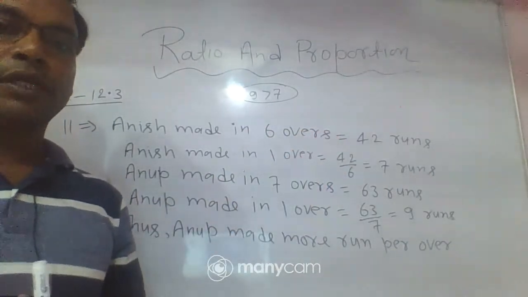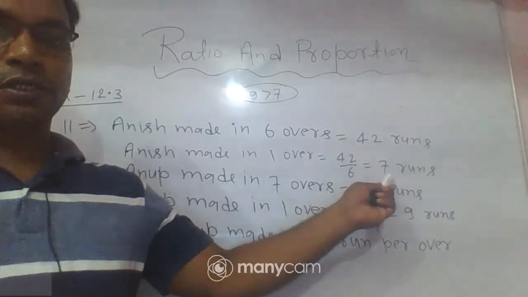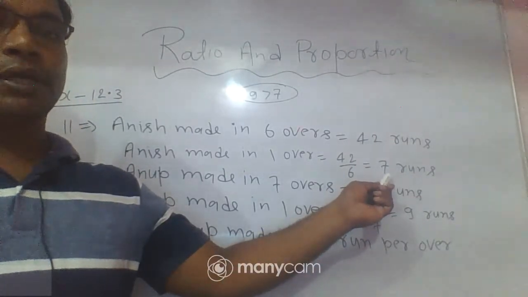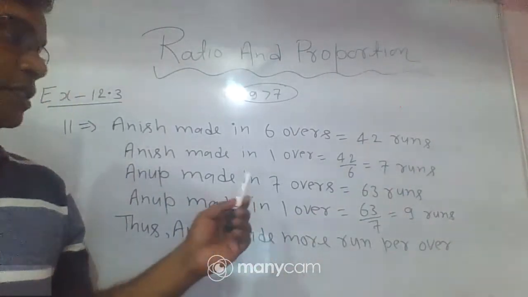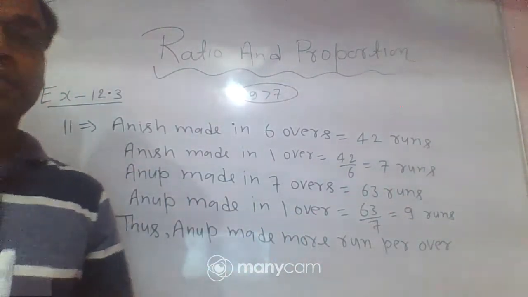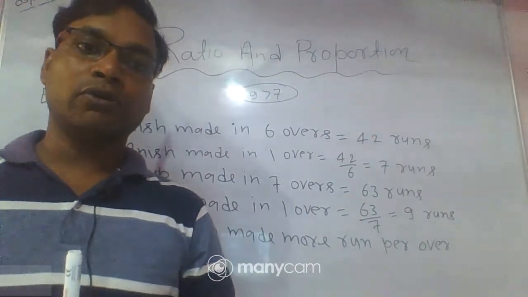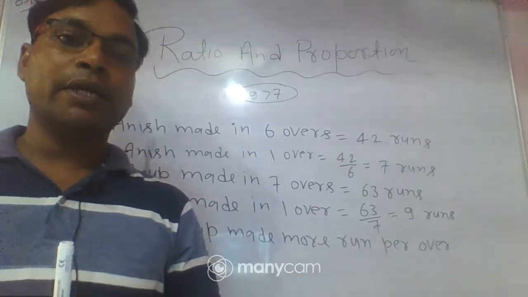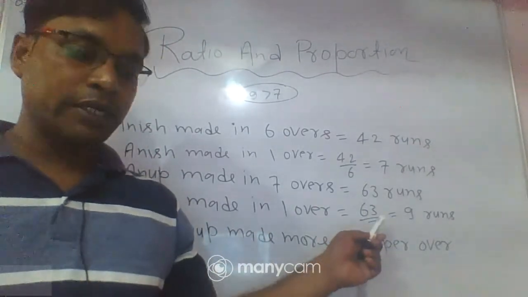So let's see again. Anish made how many runs in 6 overs? 42 runs. So you find the number of runs made by Anish in 1 over. So this is 7 runs. Anish made 7 runs per over. And here it is given 63 runs made by Anup in 7 overs.